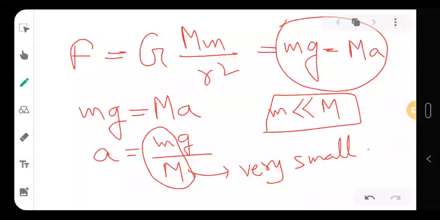So the value of this a, the earth's acceleration, that is the change in velocity of earth towards that object, is also negligible.